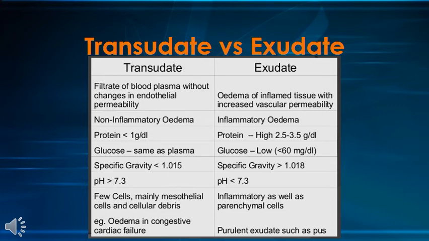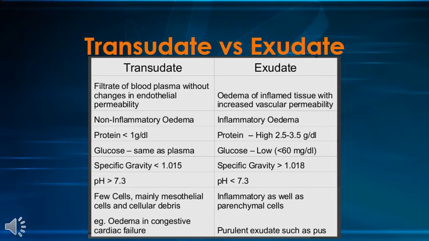And mostly transudate fluid occurs in non-inflammatory edema. It means no inflammation is present, there is no indication of phagocytic cells or bacteria. In transudate, protein will be less in number, because there is no change in permeability.